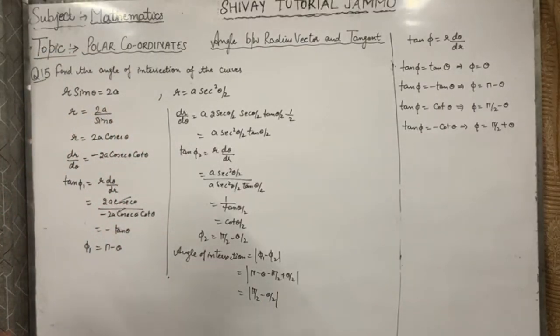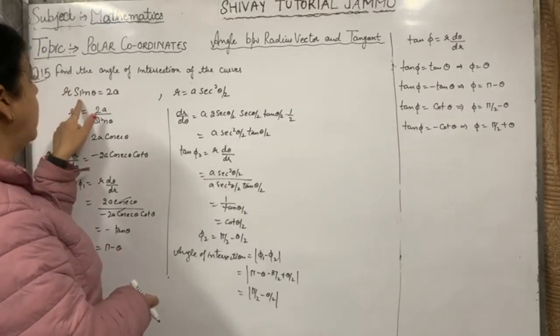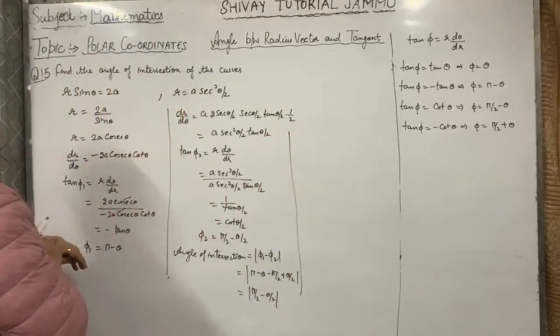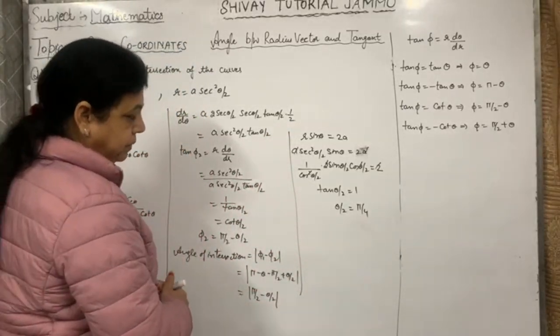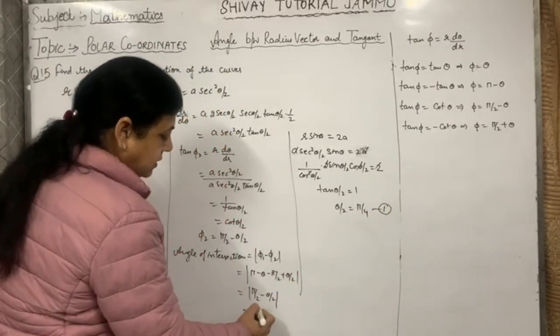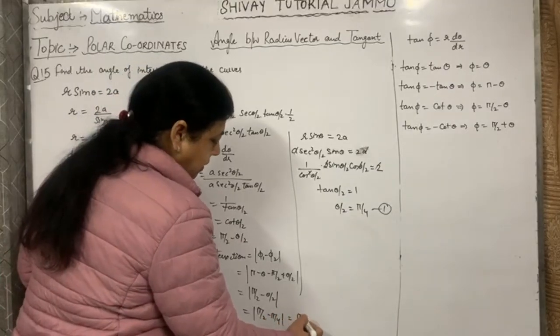If you want to solve it properly, you have to substitute the value of r, comparing first and second. Now θ/2 is π/4. We will substitute here. Okay. Using 1, this is π/2 minus π/4, which is π/4.